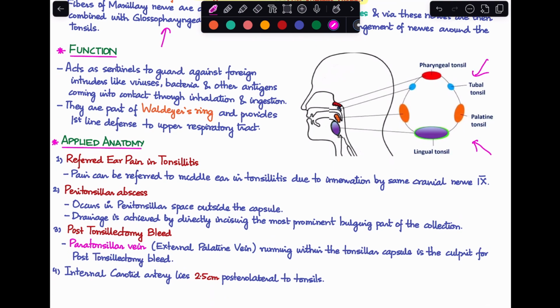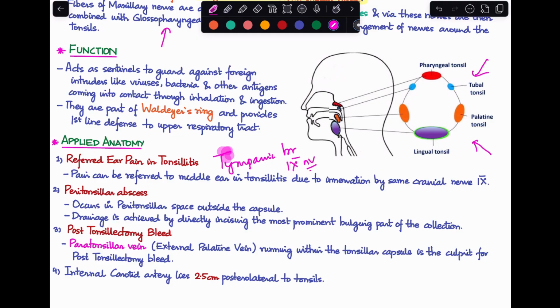Lastly, let's discuss a few points about the applied anatomy of the tonsil. The first one is referred ear pain and tonsillitis. If you remember, when I was discussing the nerve supply, I mentioned that it has a nerve supply coming from the maxillary nerve and the glossopharyngeal nerve. Now, the middle ear gets its nerve supply from the tympanic branch of the glossopharyngeal nerve.